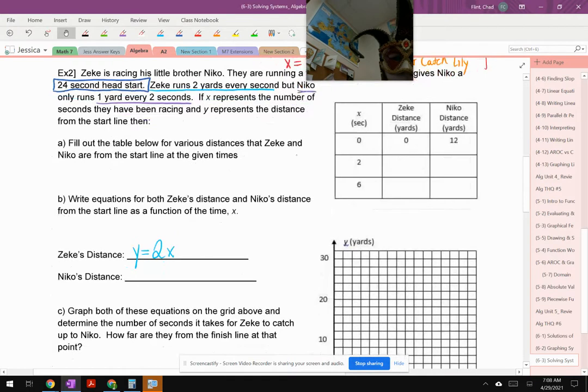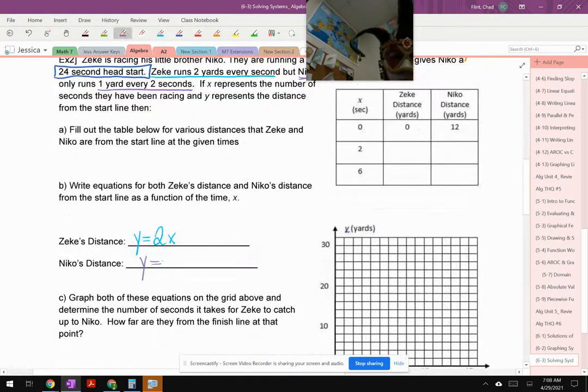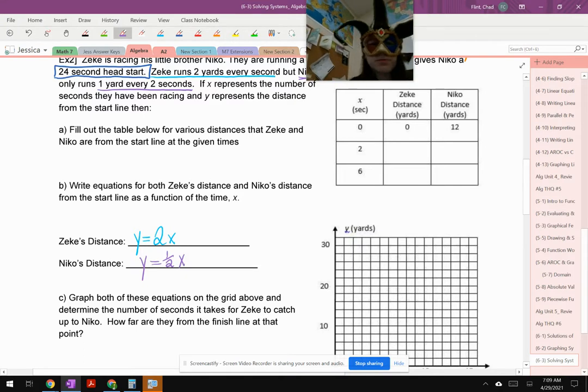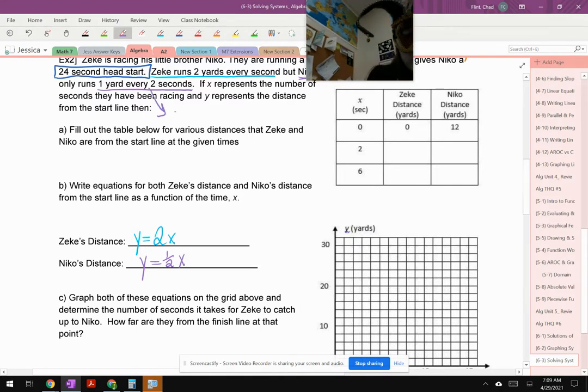Nico runs only 1 yard every 2 seconds. So that would mean he runs half a yard per second. 1 yard every 2 seconds means 1/2 of a yard per 1 second.